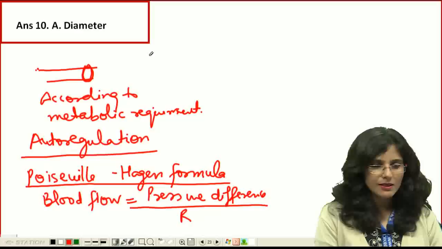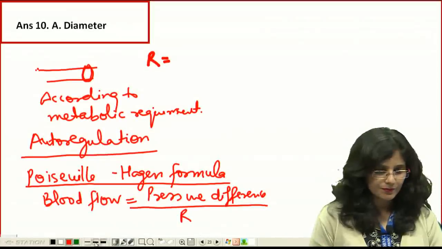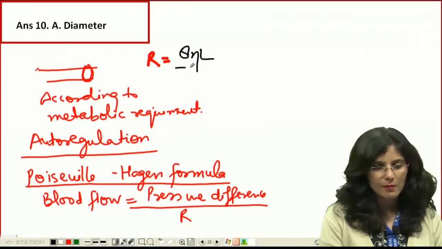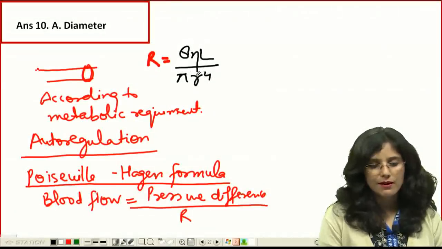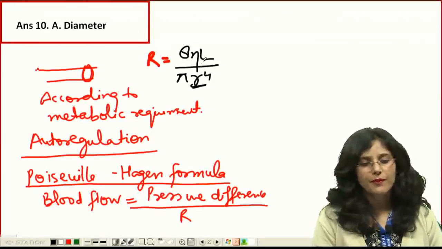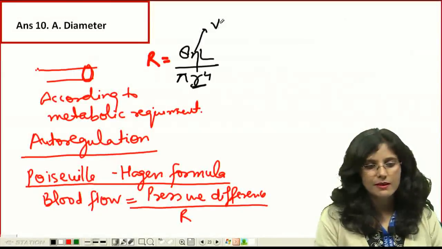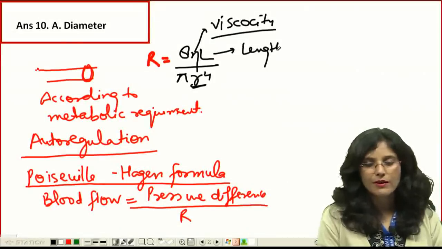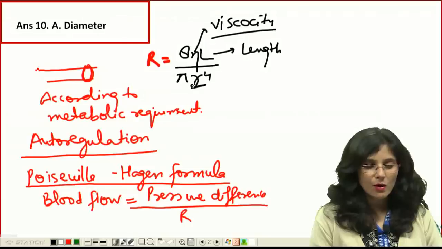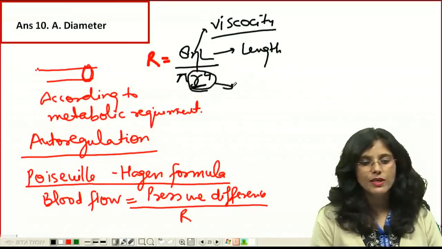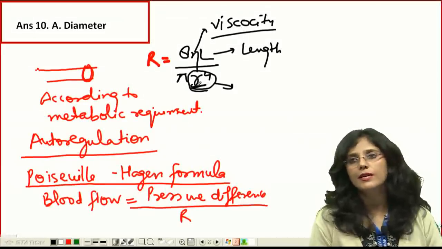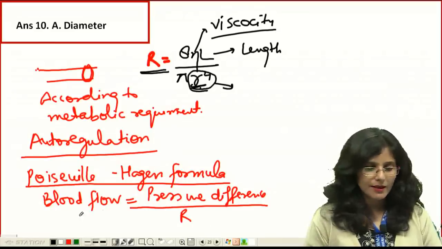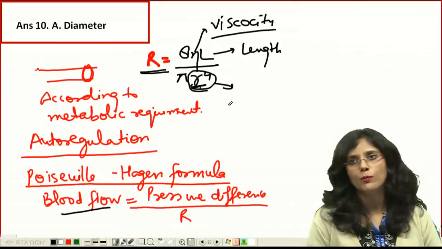This resistance is equal to 8 eta L upon pi R to the power 4, where R is the radius of the vessel, eta is the viscosity and L is the length of the tube. Because it depends on R to the power 4, a very small change in the radius can make a very high change in the resistance, and it can highly change the blood flow.